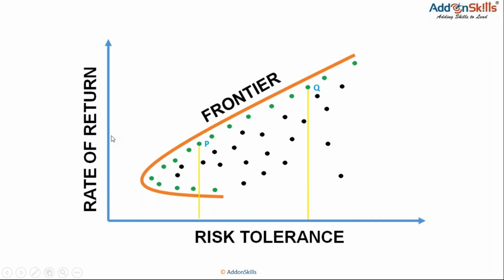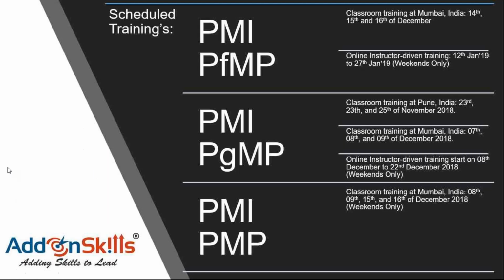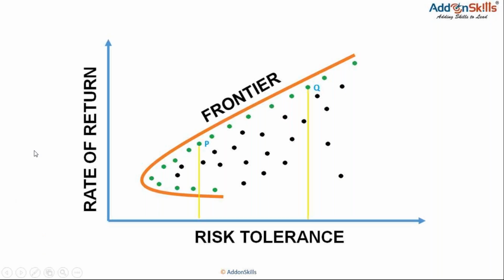But the efficient frontier technique tells you that you should only invest in portfolios which are close to the frontier curve, and any portfolio which is not close to the frontier curve should not be considered at all.